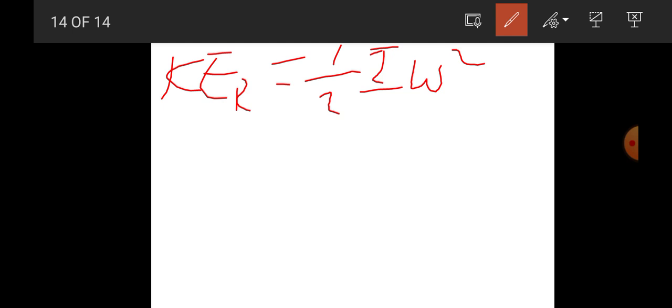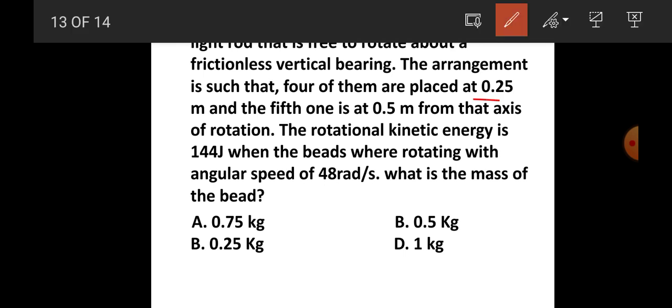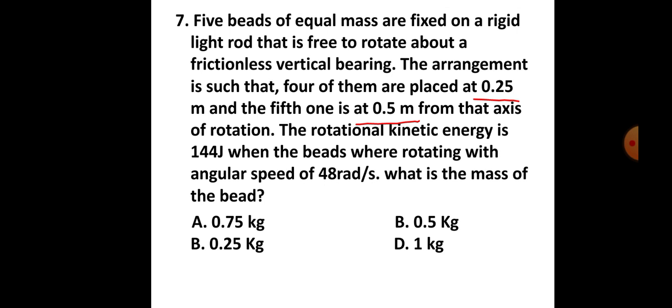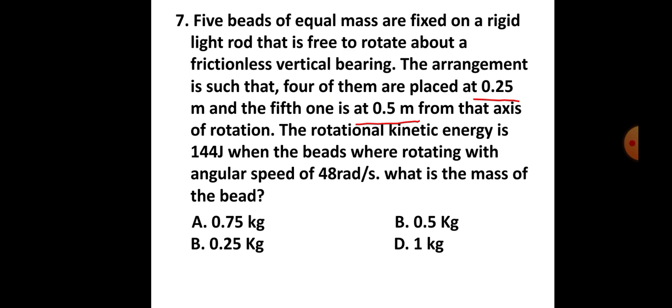This is the mathematical expression of rotational kinetic energy. What are we asked here? What is the mass of the bead? We are asked for the mass. There are five masses rotating. Of the five masses, four are at the same position, 0.25 distance, but the fifth is at 0.5 distance. All the beads have equal mass.